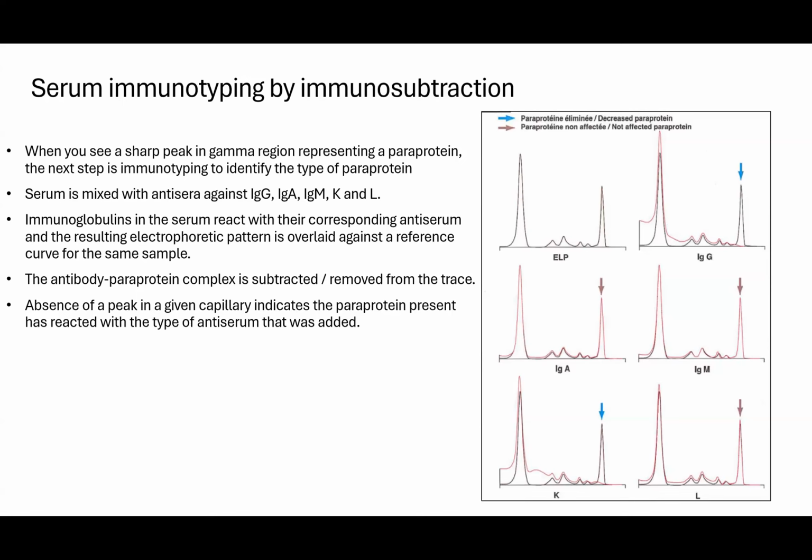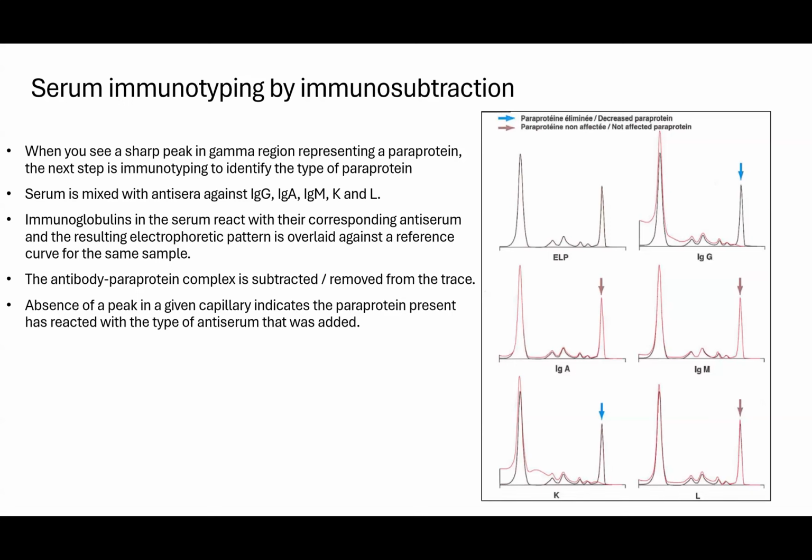So this disappearance or subtraction in the capillary electrophoresis indicates that there is a monoclonal protein present. So exactly where the subtraction occurs, that's where the monoclonal protein is present.